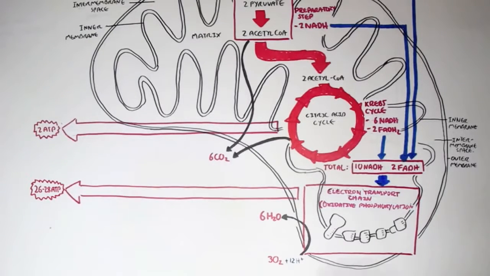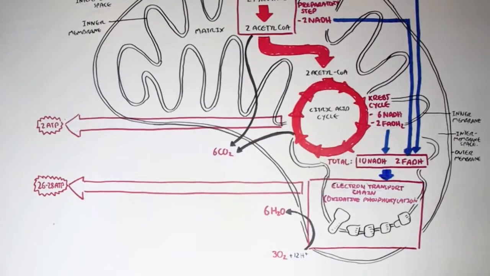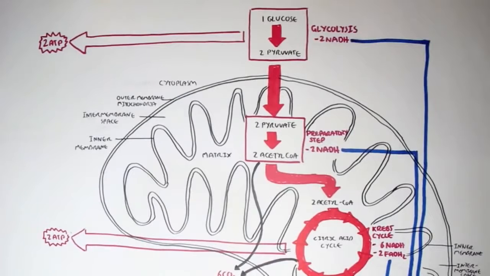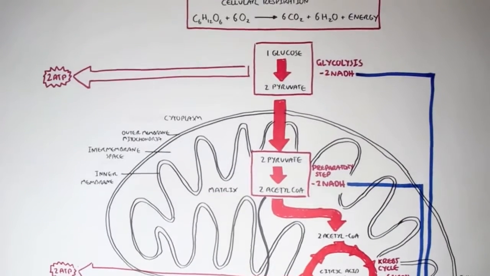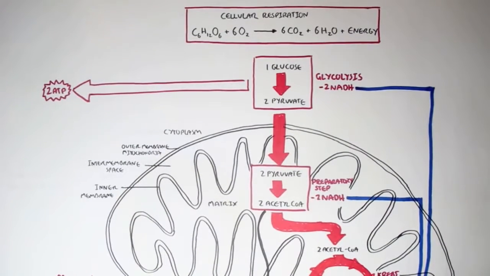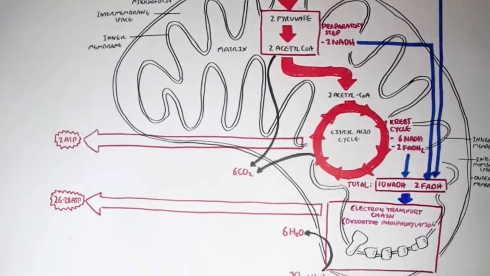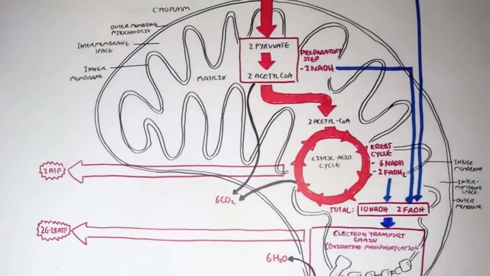So now if we tally up all the substances used and produced from glycolysis, the preparatory step, Krebs cycle, and oxidative phosphorylation, it will overall equate to this formula of cellular respiration, where one glucose with oxygen will produce carbon dioxide, water, and energy. And how much energy is produced?